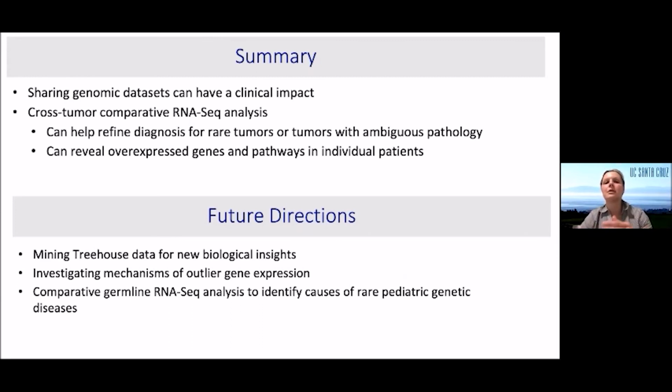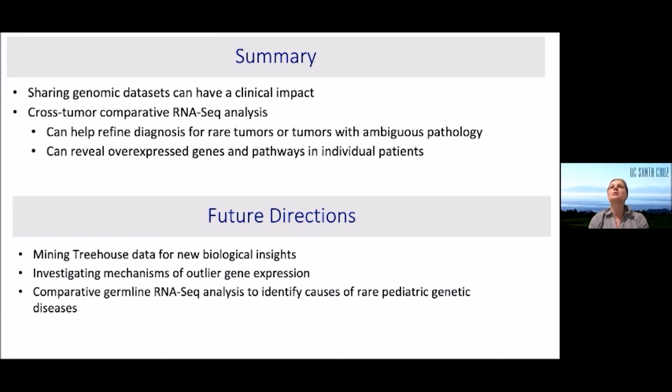So either the blood, or if there is affected tissue available, for example, for neuromuscular conditions, if a muscle biopsy could be done, then RNA sequencing could be done, and then this outlier concept that I described for cancers could be applied to identify genes that are uniquely overexpressed or uniquely missing in that patient.